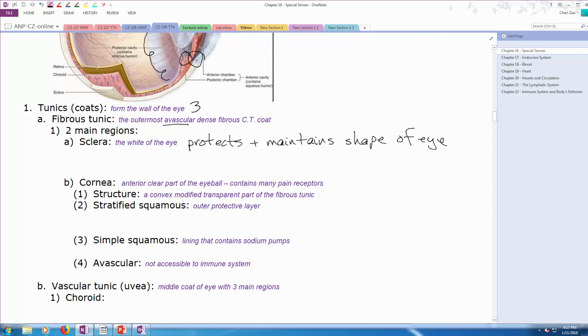It is continuous with the dura mater. It is the toughest part of the eye, and it covers the optic nerve.